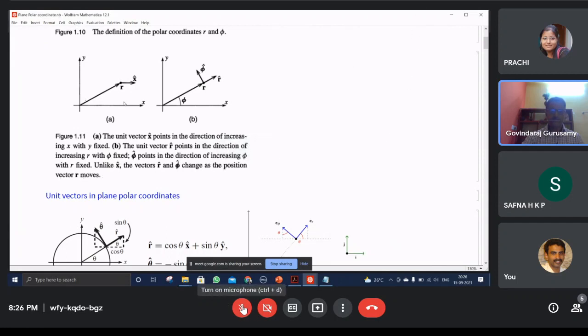Whereas here, suppose the position vector is changing, I don't think we have any change in the x cap and y cap. Suppose you are moving in the same direction, correct?